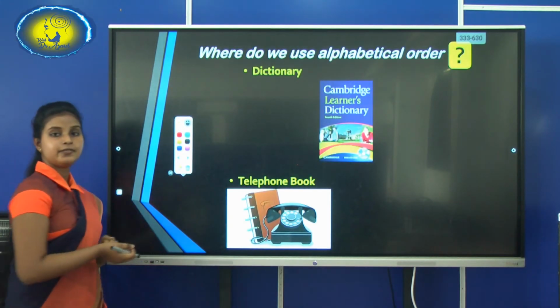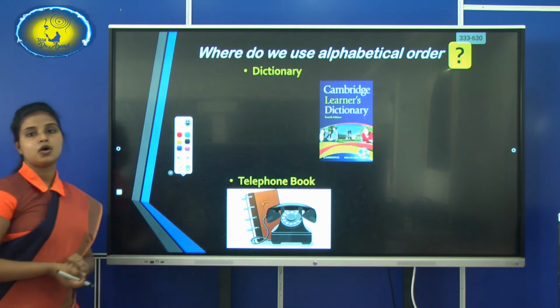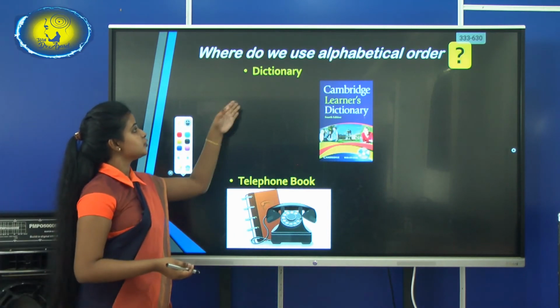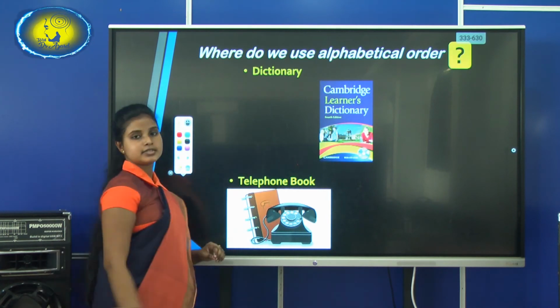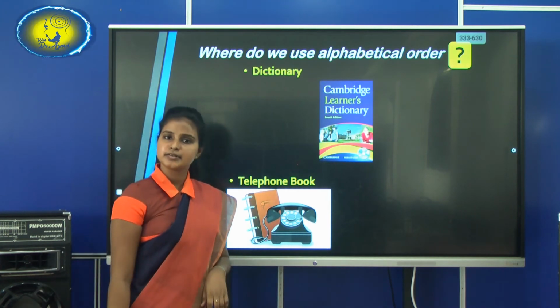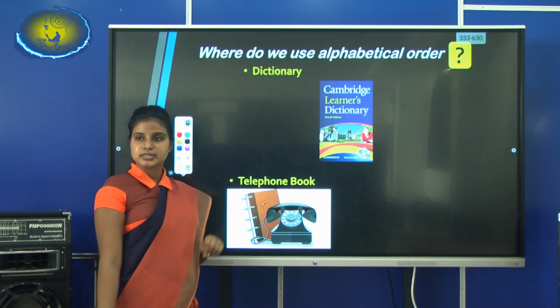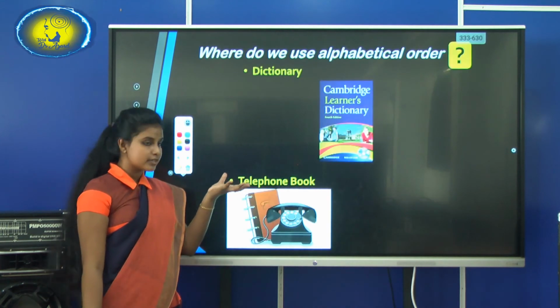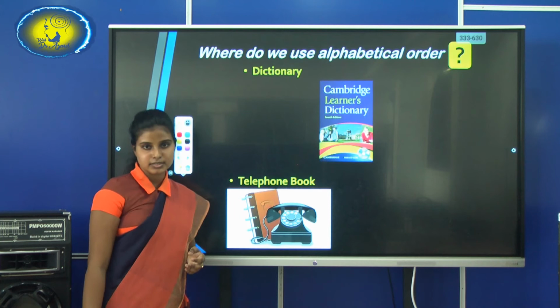Now, our final one. Where do we use alphabetical order? First one, dictionary. What is the dictionary, children? Have you ever searched for any word in a dictionary? Normally a dictionary is a thick book. It has thousands and thousands of words, isn't it?